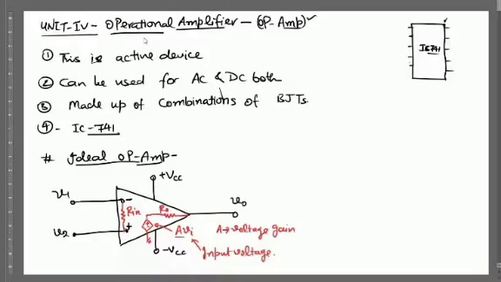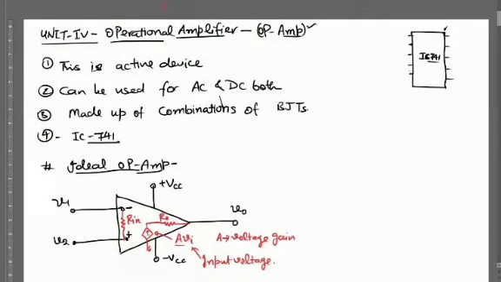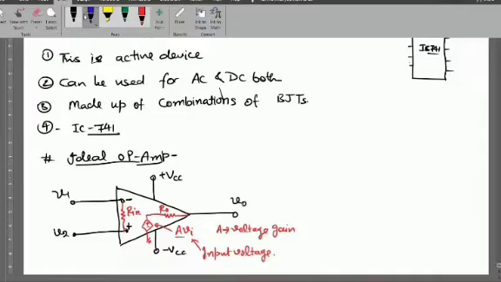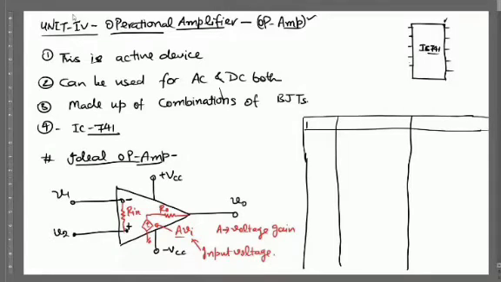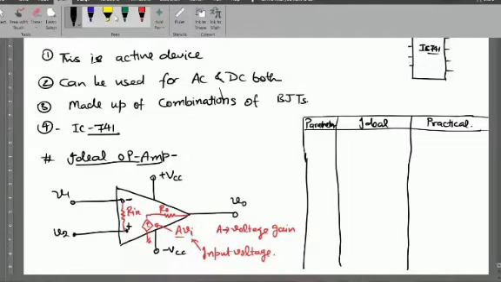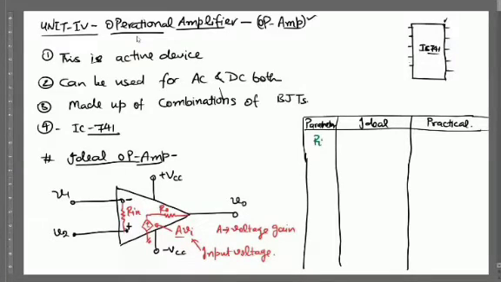Fine, and if we find several characteristics, let's make a list of parameters of the ideal op-amp and the practical op-amp. The first parameter is Ri. For the ideal op-amp, this is infinity, and for the practical one it is very high, of the order of 10 to the power 5 mega ohm.